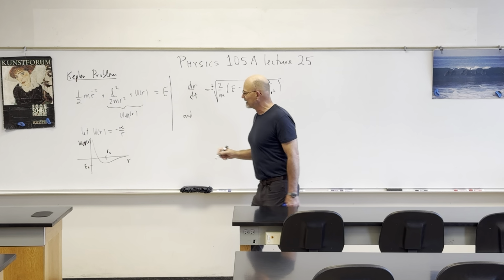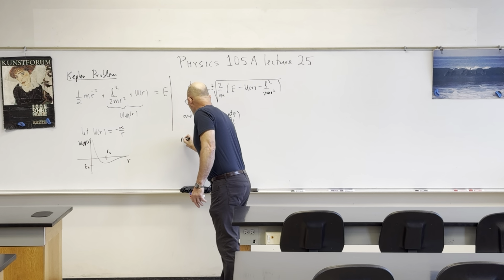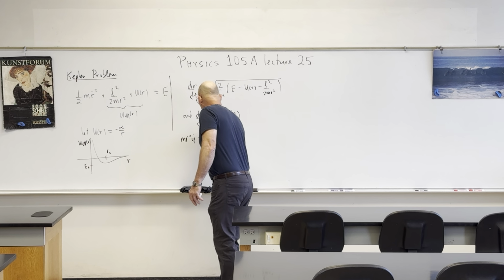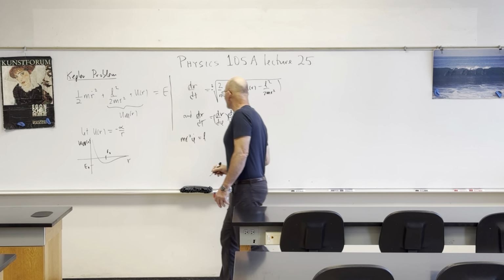We're also going to use the chain rule here. So dr dt equals dr d phi times d phi dt. But we have m r squared phi dot equals L. So we have phi dot there, so that's dr d phi, and then the phi dot is L over m r squared.